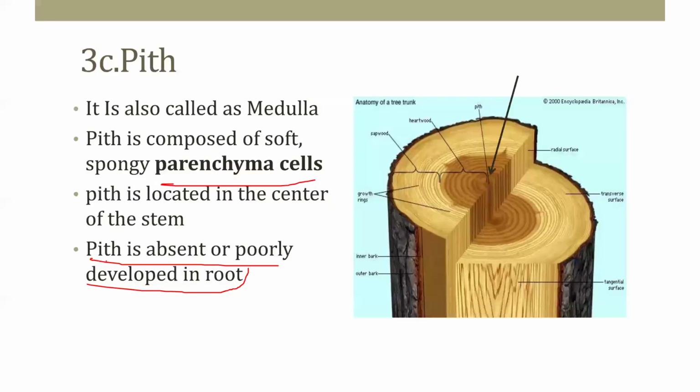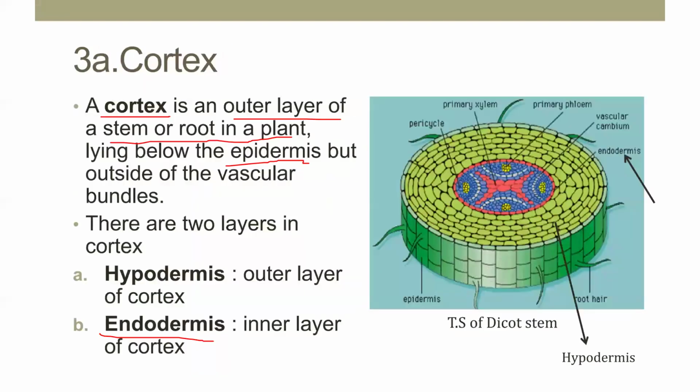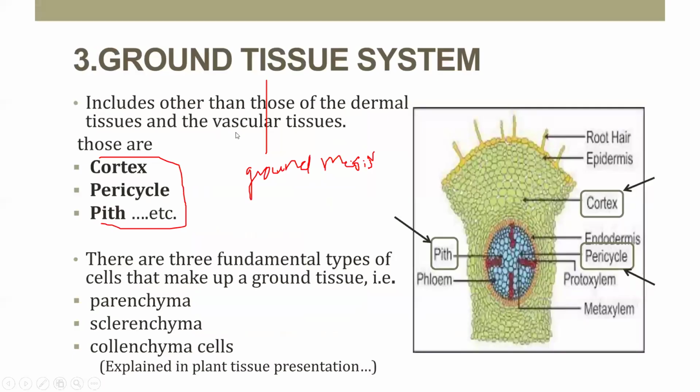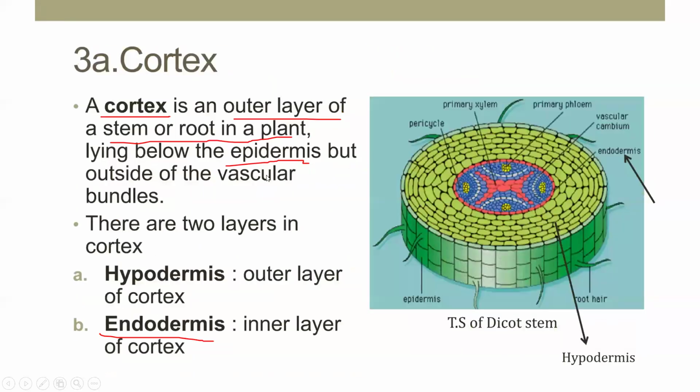The important points here: the ground tissue system is developed from the ground meristem, and mainly comprises the cortex, pith and pericycle. These constitute the ground tissue system. Next are the main functions.